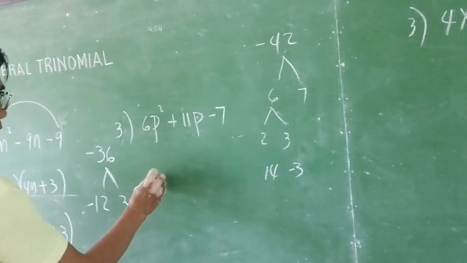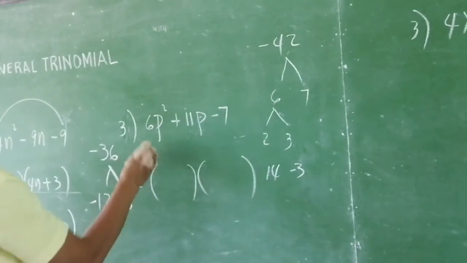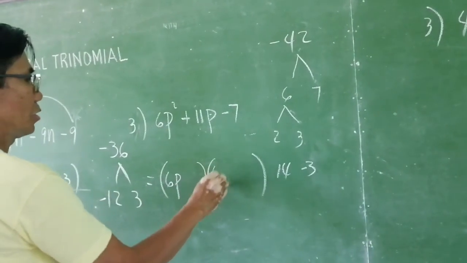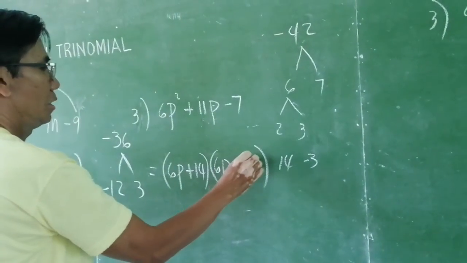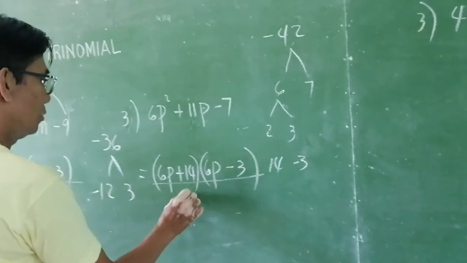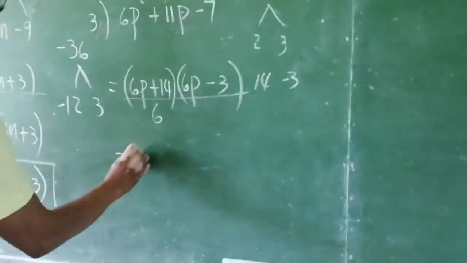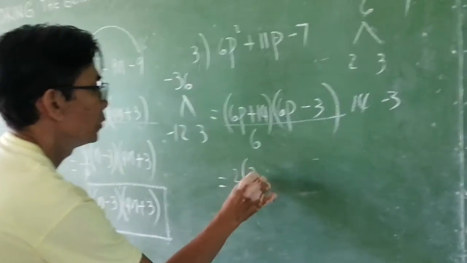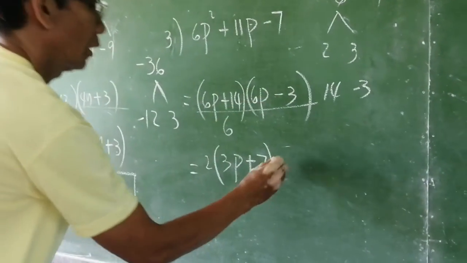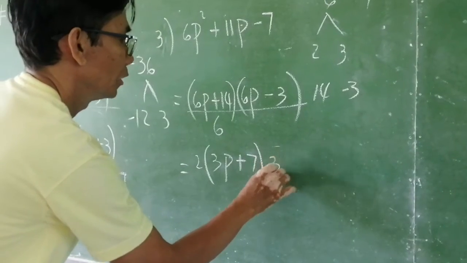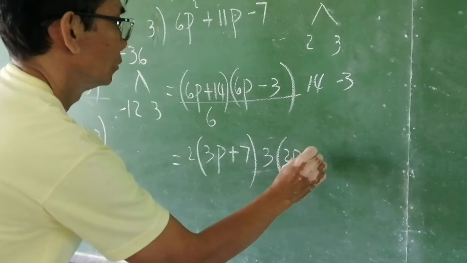So shall we use that? So parentheses again. So 6p plus 14 minus 3. Take note, it must be over 6. So factor out 2 here, so that will be 3p plus 7. 6 and 3, factor out 3 also, so that will be 2p minus 1.